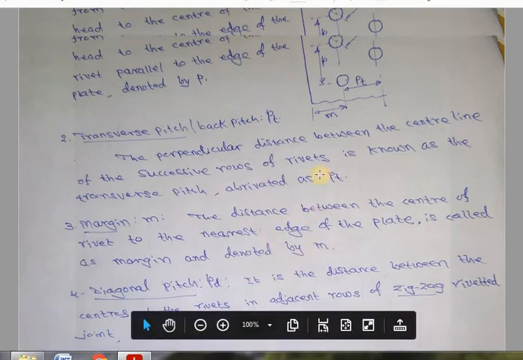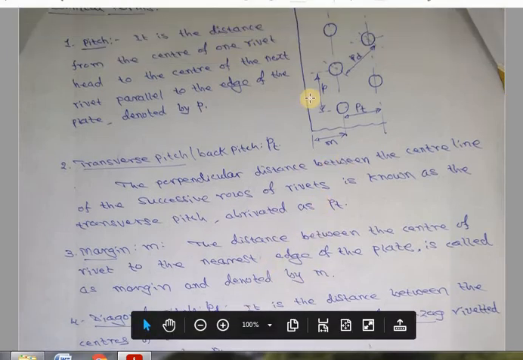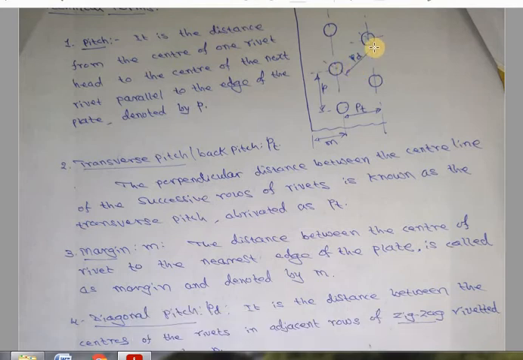Then we have the diagonal pitch. You can see on the figure, the diagonal pitch is from the center of this rivet to the center of this rivet in the next row, where the rivets are arranged in a staggered manner. We have another arrangement called chain. If one rivet in this row is in the same position as the rivet in the next row, that is called chain riveting.